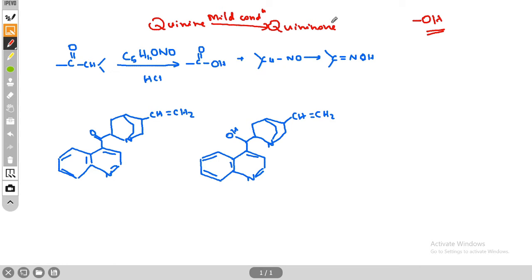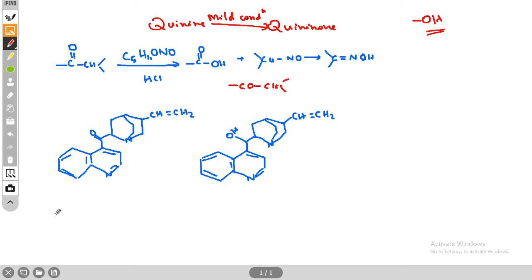This transformation confirmed the presence of this COCH group. That is, quininone contains C double bond O attached to a CH group. That is why this H is replaced by this NO group in this reaction. So from this reaction, it is found that this is the C double bond O in quininone.